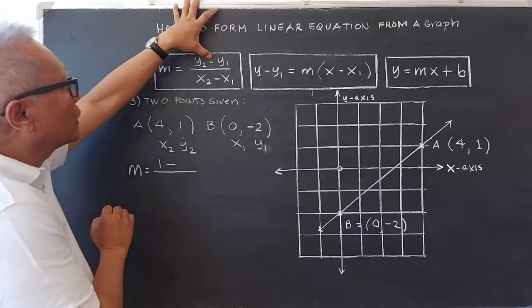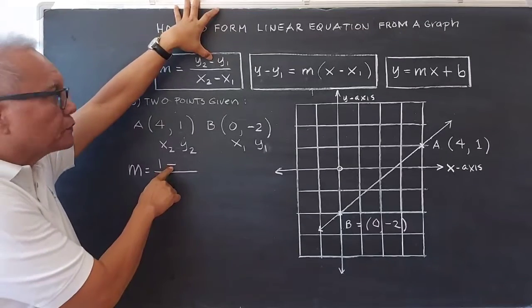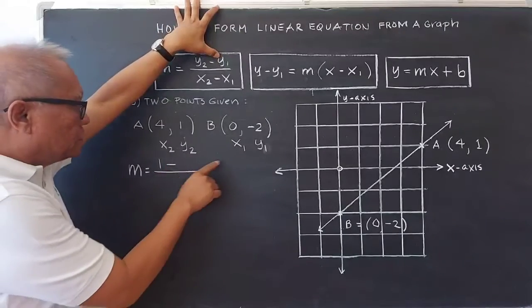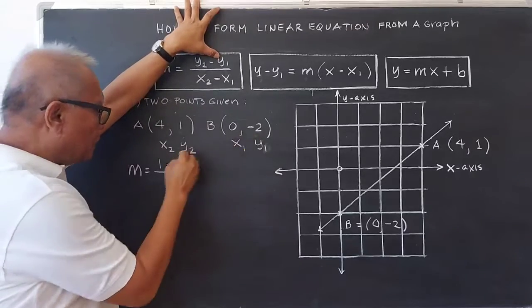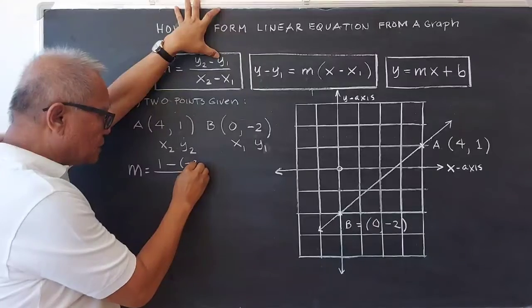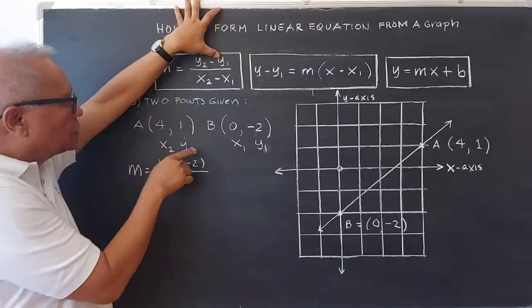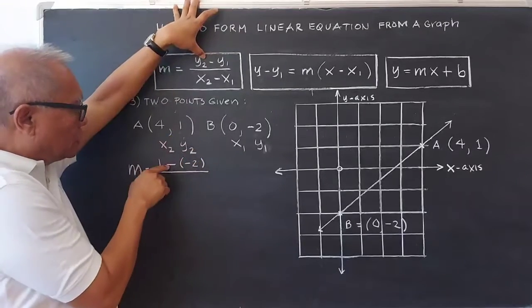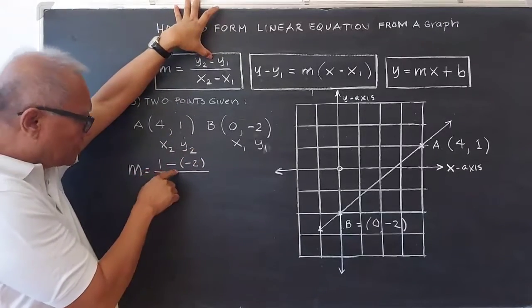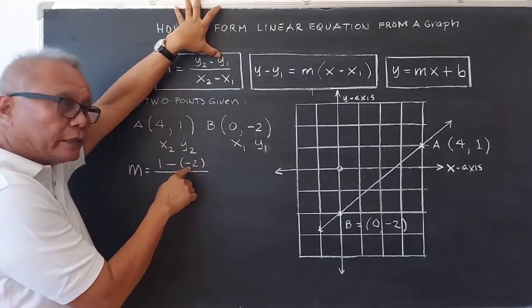Minus operation. y sub 1, where's y sub 1? It's negative 2. So we place that one inside the parenthesis. Y sub 2 is 1. Copy the minus. Minus y sub 1 is negative 2.